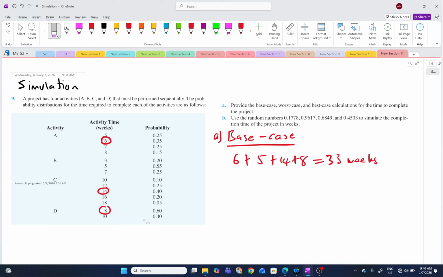We go by higher probability. Choose the time or whatever given here, higher probability.